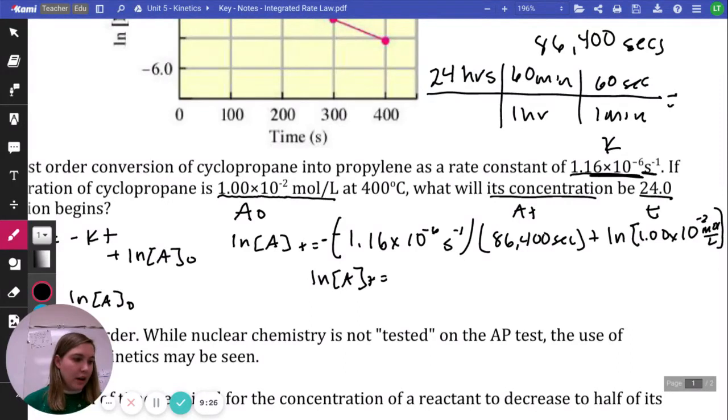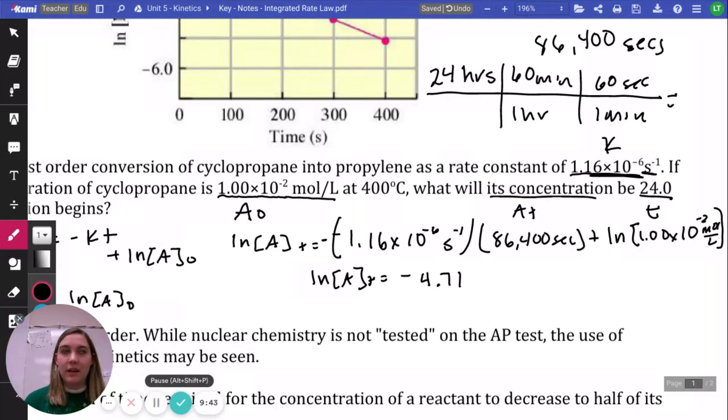And when I plugged it in, I got negative 4.71.